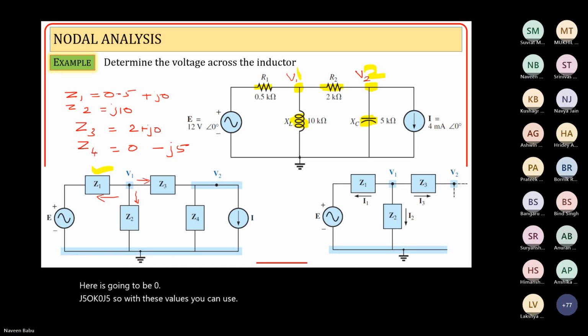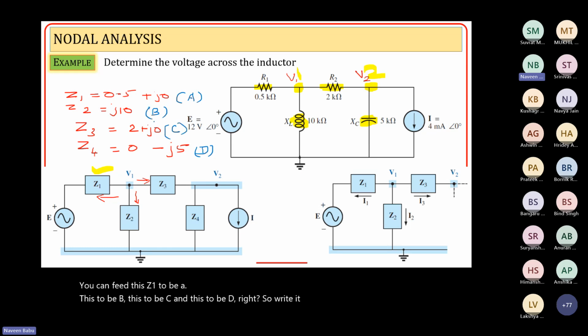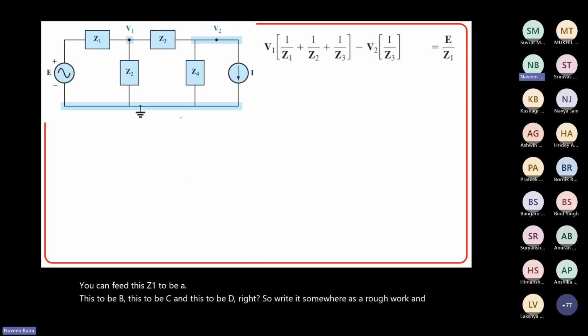With these values, you can use the variable methods in your calculator. You can feed Z1 to be A, this to be B, this to be C, and this to be D. So write it somewhere as rough work and then just feed the values.